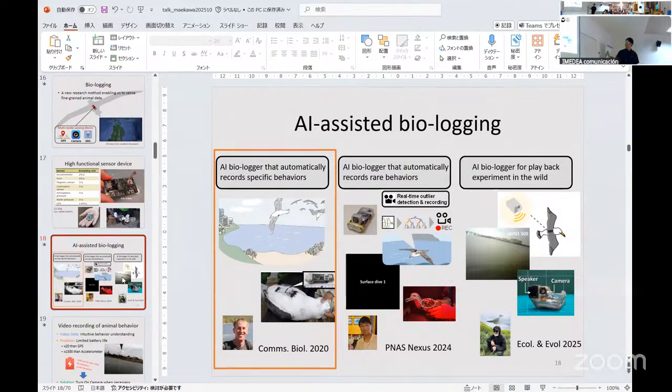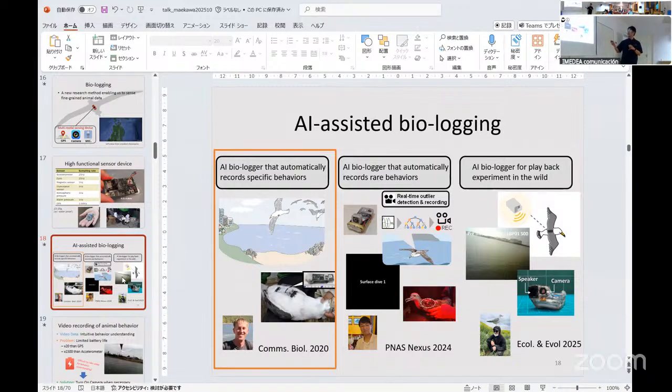But I hope that we can capture unexpected and interesting behavior by using this. So in this case, foraging behavior was the supervised target, but also the unexpected or unusual behavior. First, by using this device, we find an interesting behavior, and based on the collected data, we construct a supervised model to target that behavior.